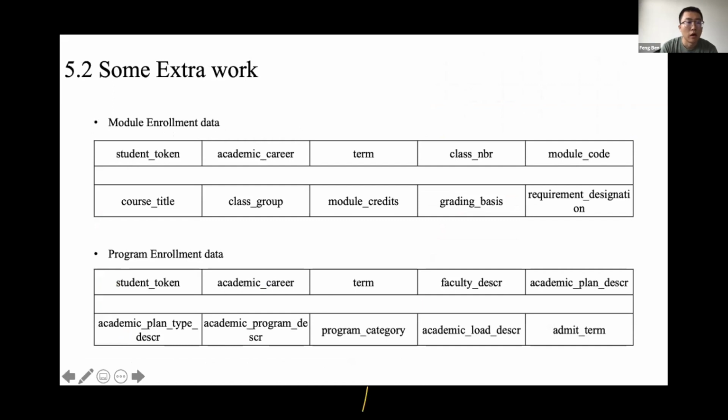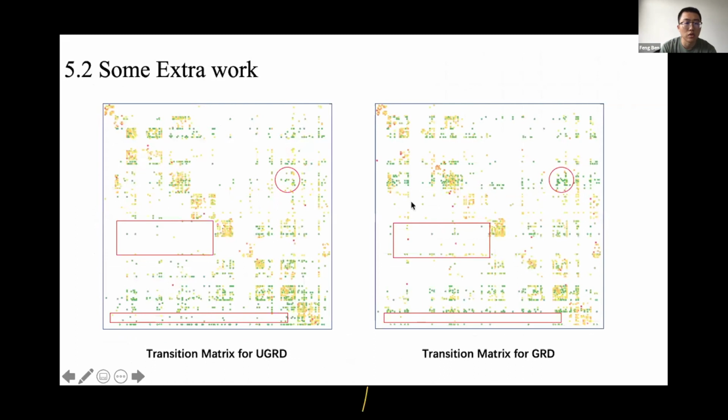Next, the second thing: we recently got module enrollment data and program enrollment data. It has information for students, such as their academic career, and we use this to divide the students into two categories, undergraduate students and graduate students.